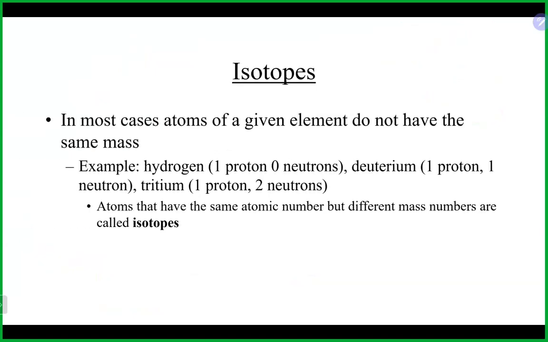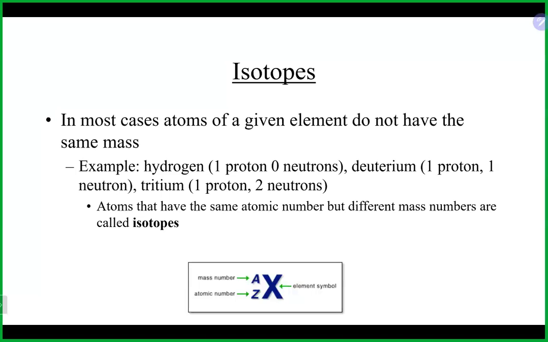Now, isotopes, as we talked about, are the same element, but they have different masses. Because they have to be the same element, the number of protons has to be the same. It's the protons that determine the element. Because they have different masses, they have different numbers of neutrons.